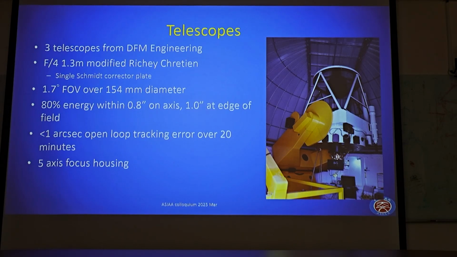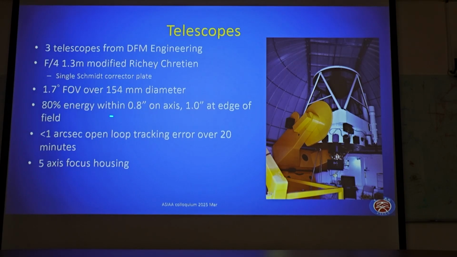It's a modified RC design with a Schmidt corrector plate. The spec is that the image quality should have 80% of enclosed energy within 0.8 arcsecond on axis and 1 arcsecond at the edge of the field. And then the tracking error should be smaller than 1 arcsecond with an open loop.